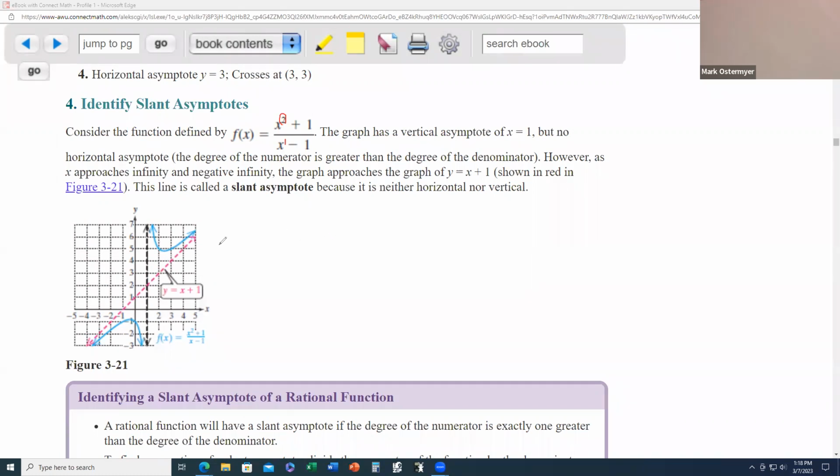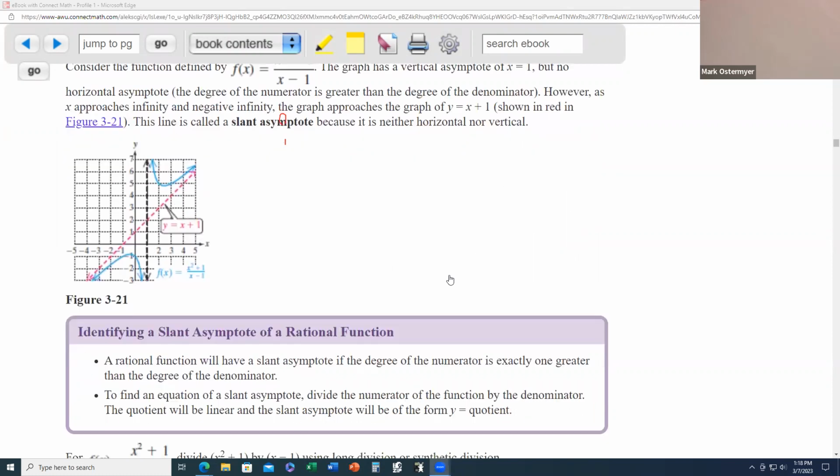The graph will get infinitesimally close to a slant asymptote as it does a vertical asymptote, but will never ever touch or cross it anywhere. So that's how you know if a rational function has a slant asymptote. That is again determined if the degree of the numerator is exactly 1 greater than the degree of the denominator.